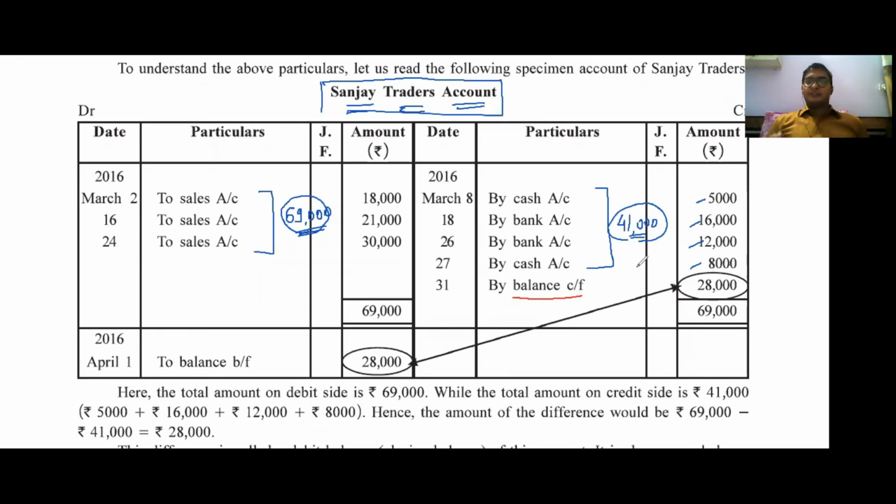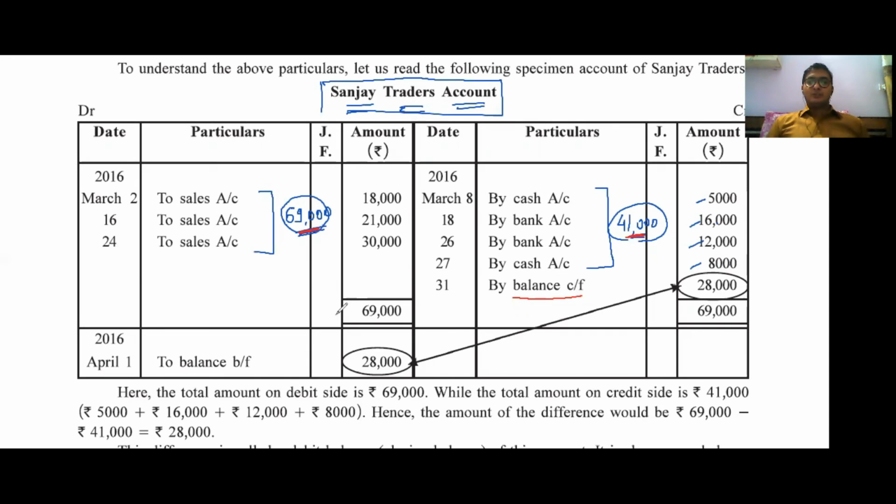In another way, if the credit side total is higher, then the difference is on the debit side. It means it is not necessary that every time there is a credit balance. It can be debit or it can be credit.